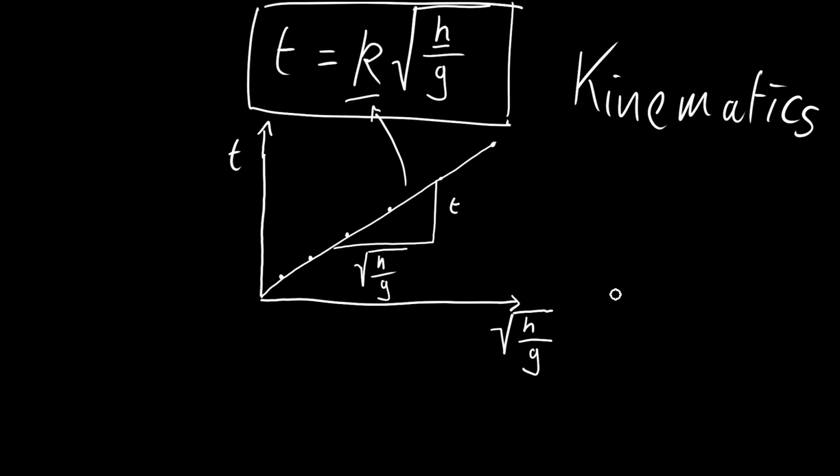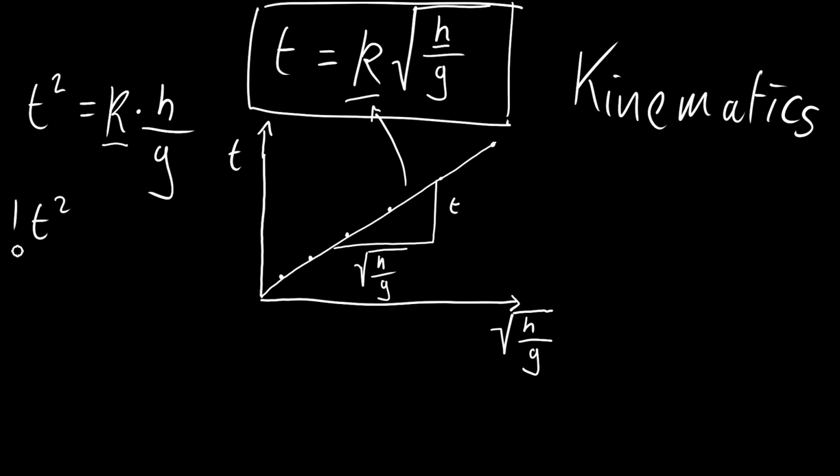But if we transpose it quickly, on the left-hand side here, if we square both sides, we get t squared equal to the constant multiplied by height over gravity. We can divide both sides by the constant. So t squared over k is equal to h over g.